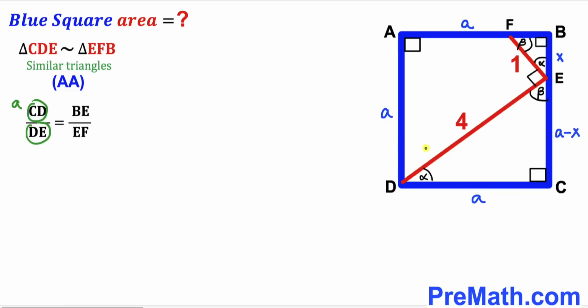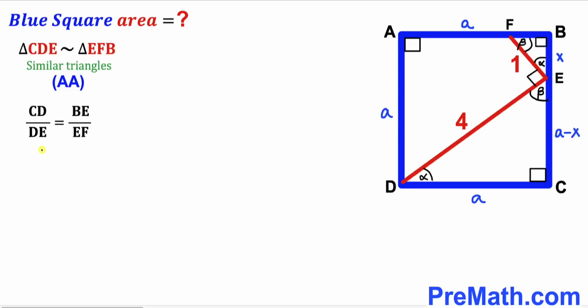DE length is 4 units, so I'm going to replace it with 4. BE length is represented by x, so I'm going to substitute it with x. And finally, EF length is 1 unit, so I'm going to replace it with 1.